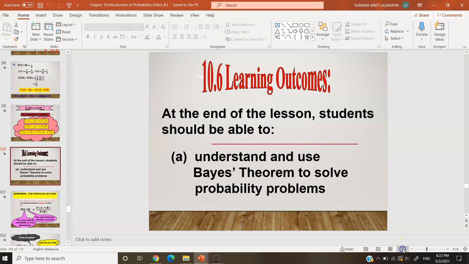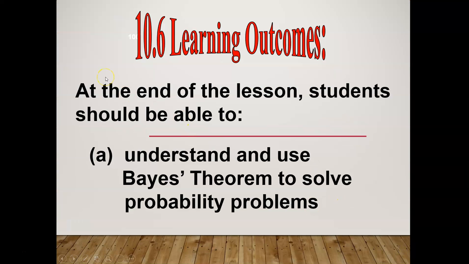I'll show you later. Before that, we look at the learning outcome first. At the end of the lesson, students should be able to understand and use Bayes theorem to solve probability problems.